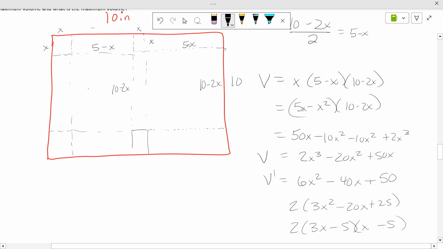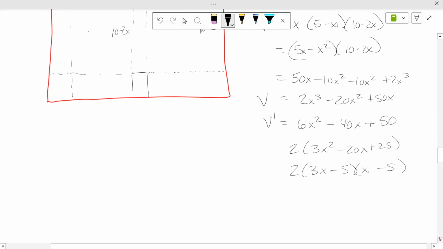So if I do the math, 3x squared, outers is minus 15x, inners is minus 5x, which makes minus 20x plus 25. So x would equal 5/3 here. And x would equal 5.